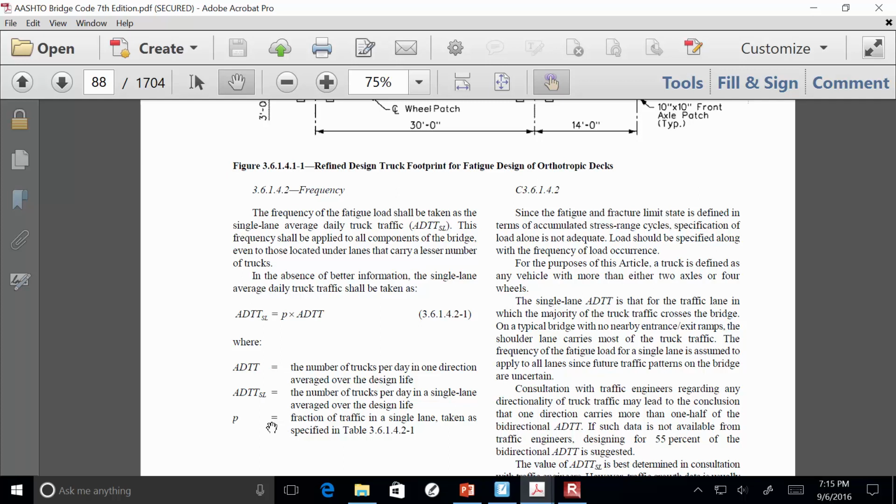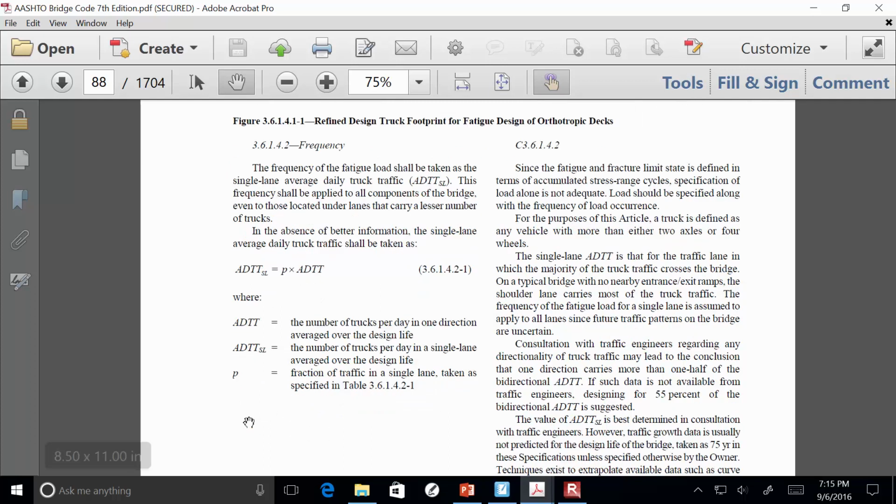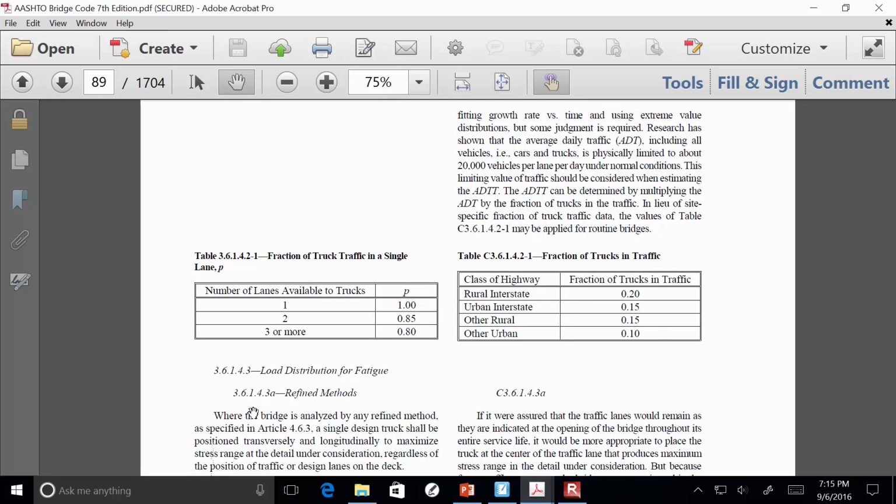Fatigue was all calibrated based on a single truck. So there are methods for taking ADT, converting it to ADTT, average daily truck traffic, and then converting that to ADTT for a single lane, which we'll talk about later. It all depends on things like how many lanes are available, whether you're dealing with an urban interstate, a rural road, or what have you.